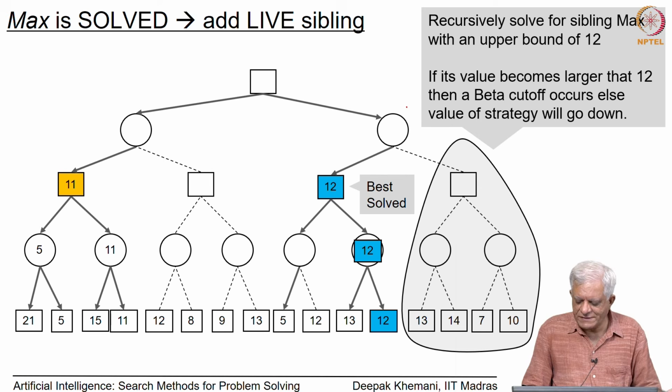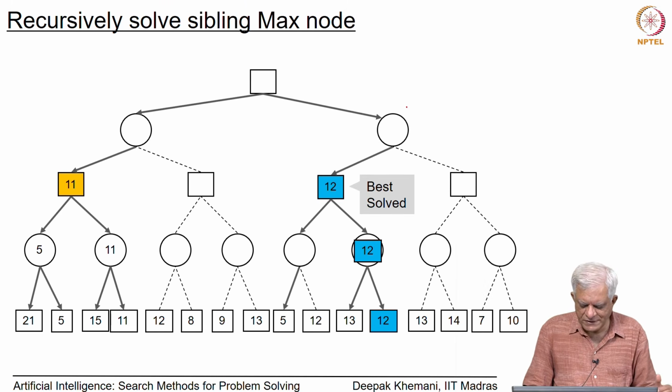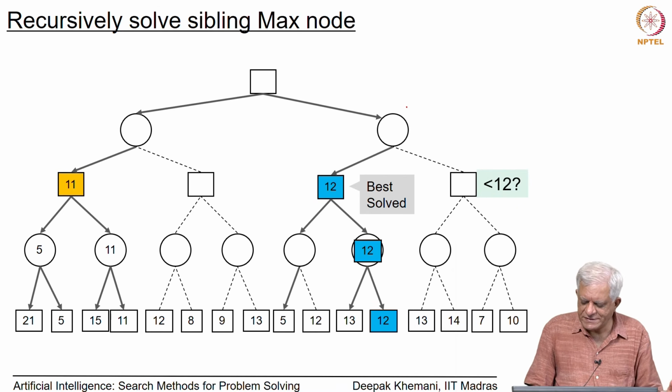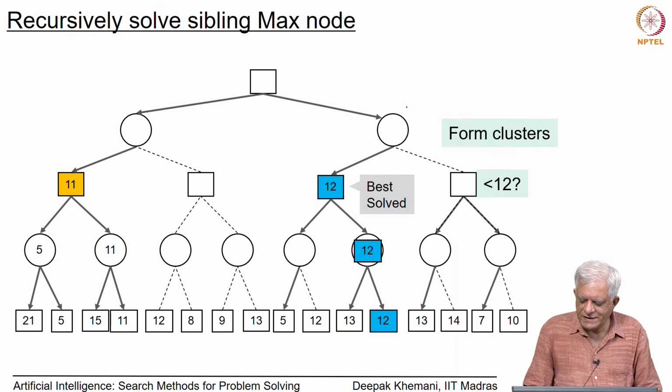So, we do this recursively, which means we again consider the subtree and make clusters and then refine the best cluster and so on. We are doing this sub cluster, and we want to check whether its value is going to be less than 12.